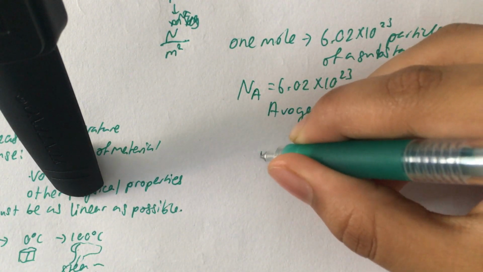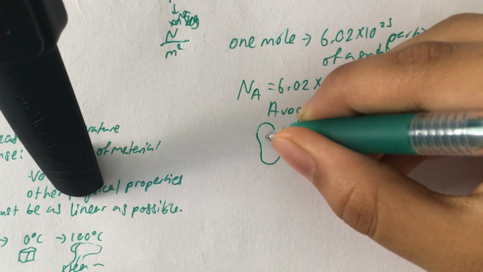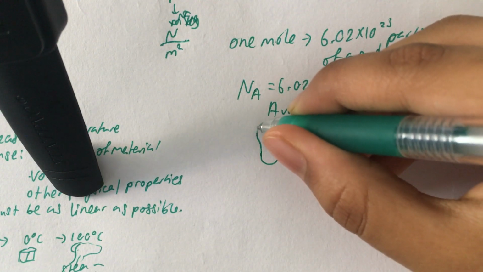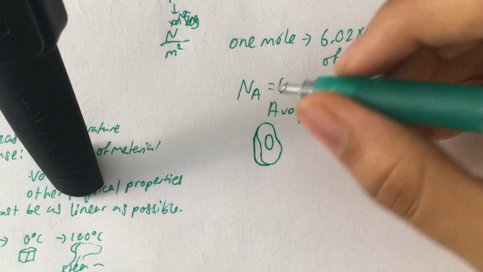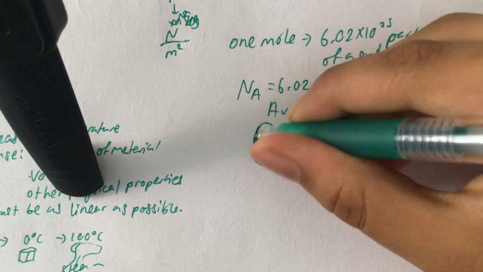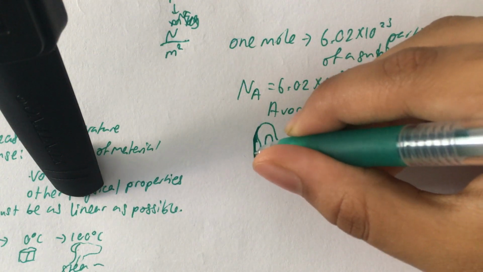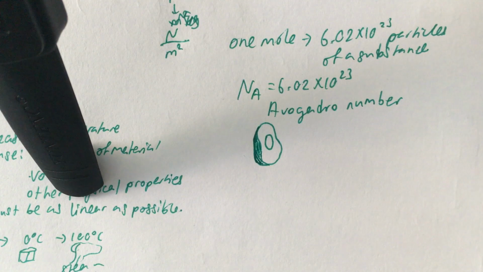If that helps you remember, then just use that. But please don't write avocado in your exam paper. Please use the right spelling. Okay, you don't need to spell it, so it's not very important. Just remember the number. If avocados help you remember it, then go ahead.